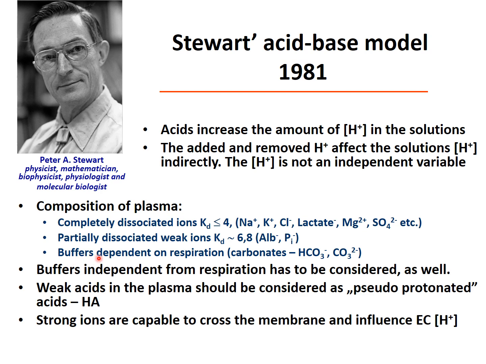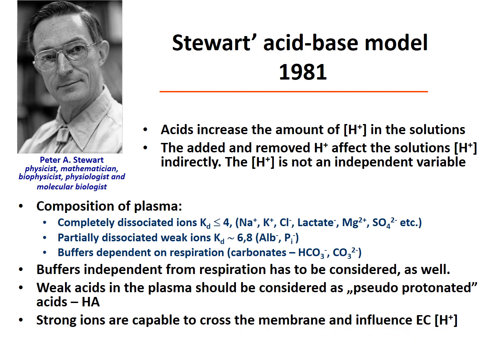And the buffers dependent on respiration, the respiratory portion, the carbonates. Now the buffers independent of respiration have to be considered as well. The weak acids in the plasma should be considered as pseudoprotonated acids. The strong ions are capable of crossing the membrane and influencing the extracellular hydrogen ion concentration.